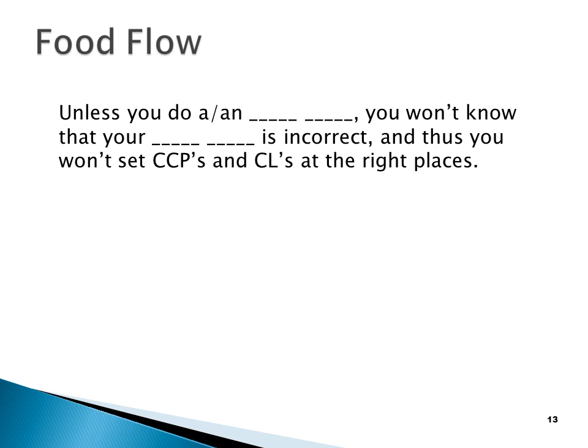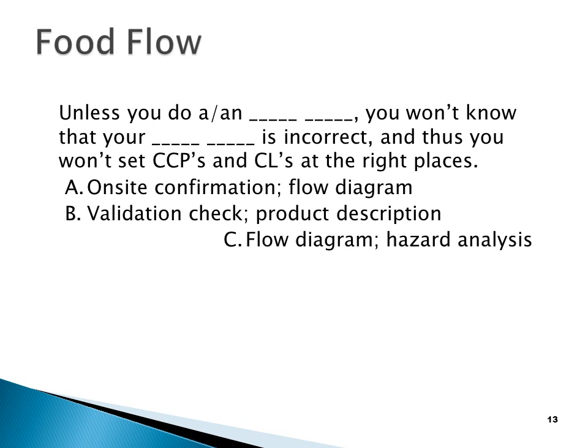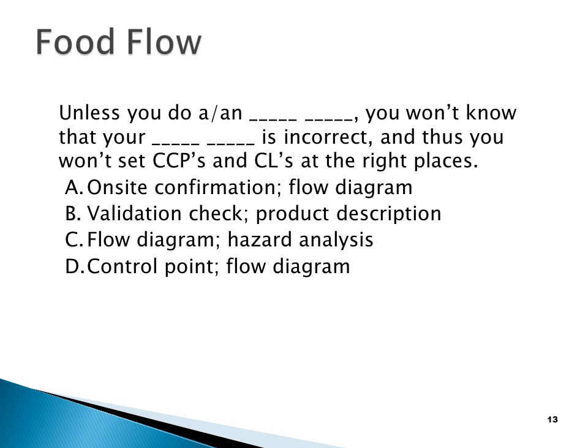Unless you do A and what, you won't know that your what is incorrect, and thus you won't set your CCPs and critical limits at the right places. So unless you do your on-site confirmation, you won't know that your flow diagram is incorrect.